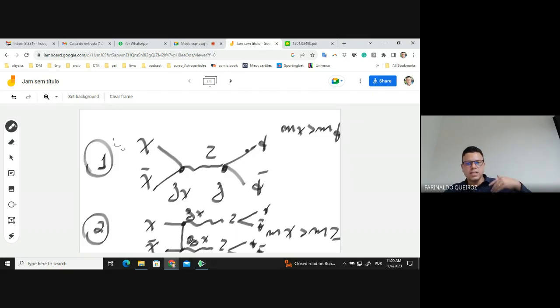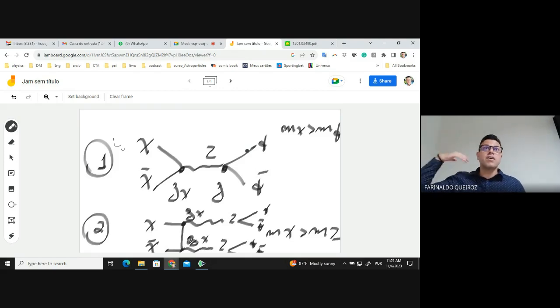But there is a dilution. Look at the difference. In the first diagram, if I'm outside the resonance, each fermion will have an energy equal to the dark matter mass.